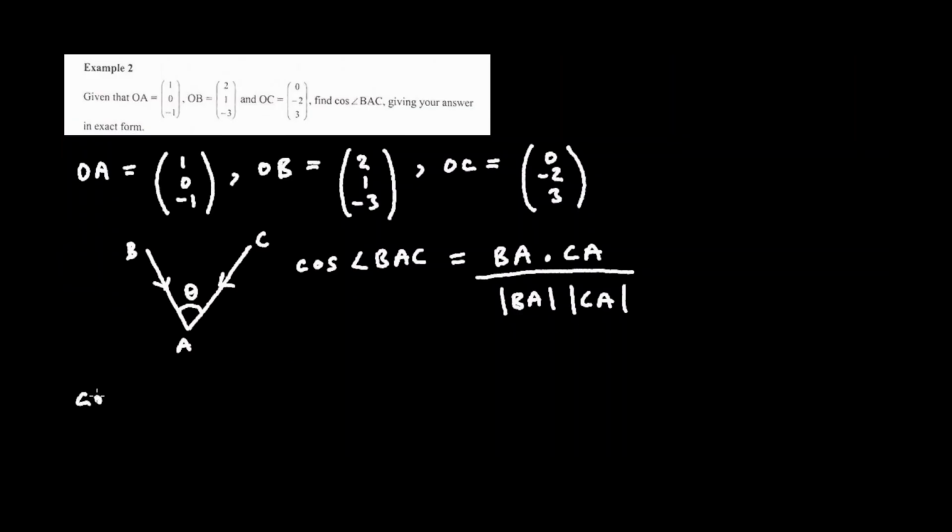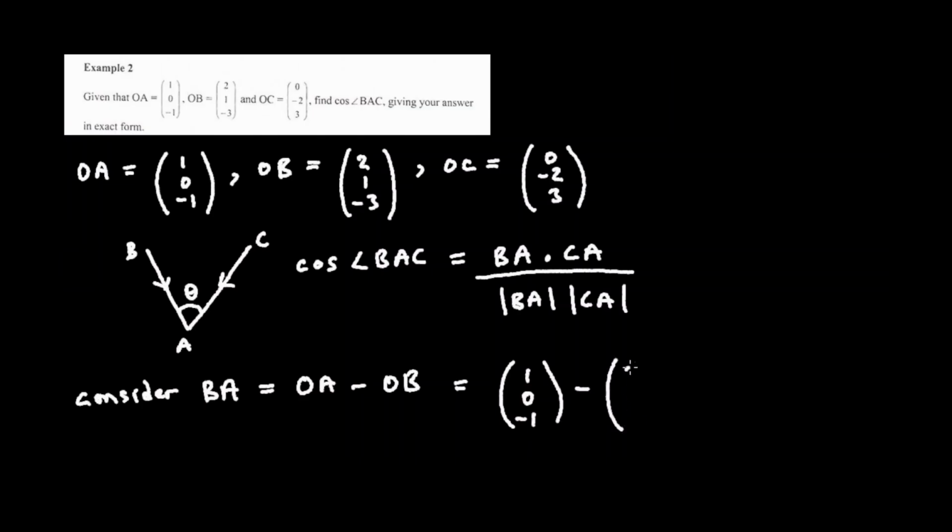So if we consider BA, we know that BA is equal to OA minus OB, the destination point subtracting the source point, which is equal to OA (1, 0, -1) subtracting OB (2, 1, -3).